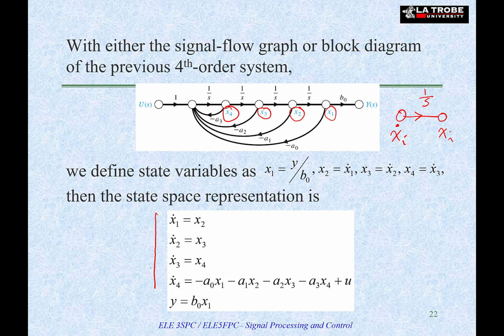We say that x1 is this node, and it is the output node of the rightmost integrator. And we know that the input node of this integrator should be x1 dot. So this node is also x1 dot.